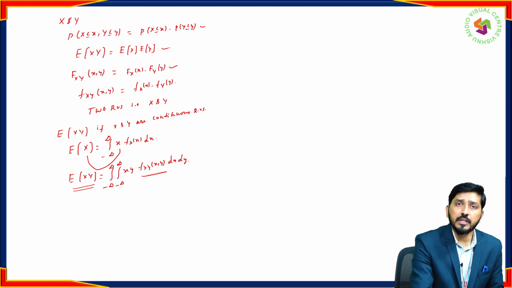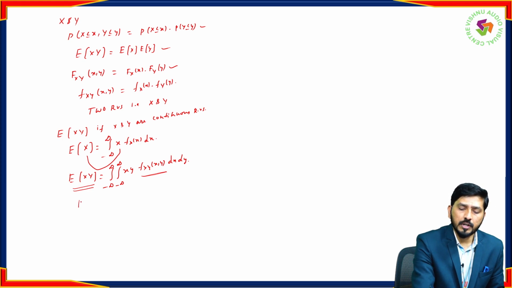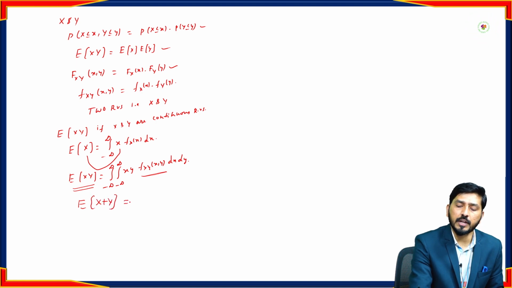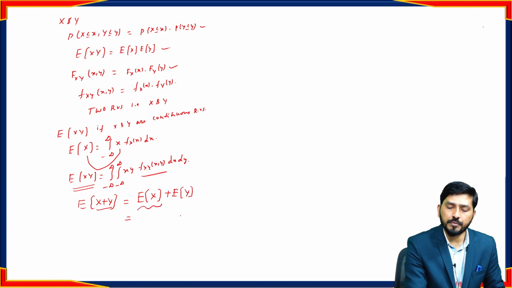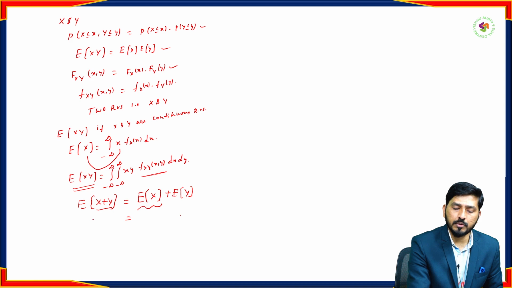Now, we will see some of the properties related to joint operations on multiple random variables, with respect to expectation. Suppose you have expectation of X plus Y. Then you can write it as expectation of X plus expectation of Y, the first property. The proof is similar to that of a single random variable.